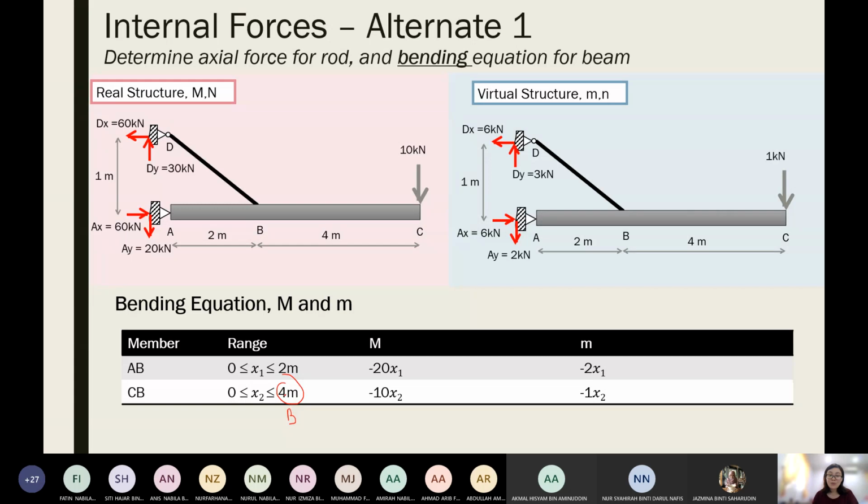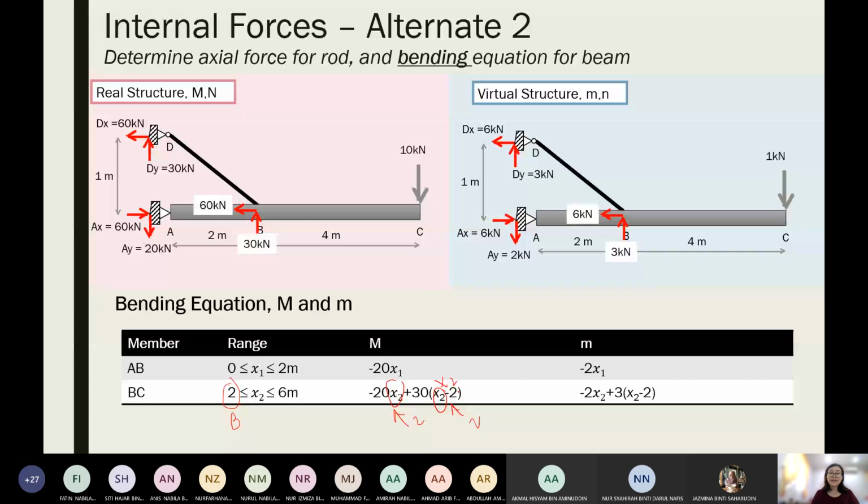You need to know where B is. In alternate 1, B is at 4 meter, so you substitute 4 in and get negative 40, right? But here, the x is 2. So when you substitute 2 in, you get the same answer, negative 40, as just now.